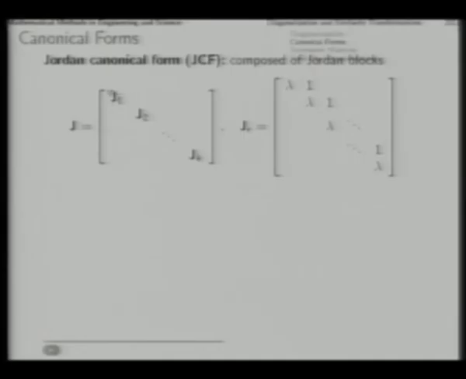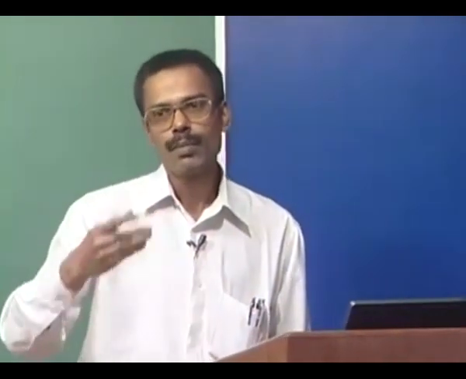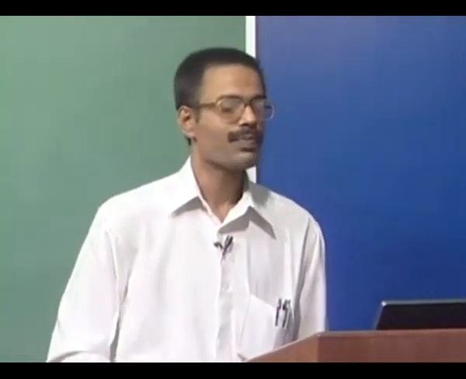These diagonal blocks are also specialized in their shape. Along the diagonal in such a block, say the rth block J_r, we have the same eigenvalue; one Jordan block is associated with a single eigenvalue, though for a particular eigenvalue more such blocks are possible.